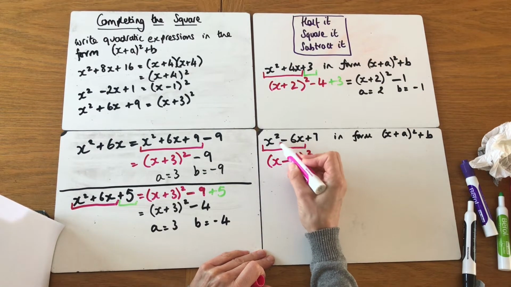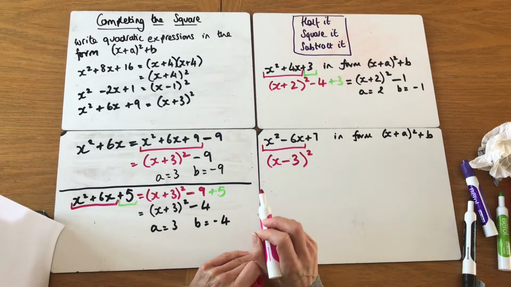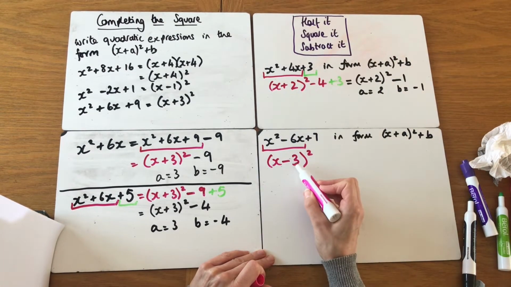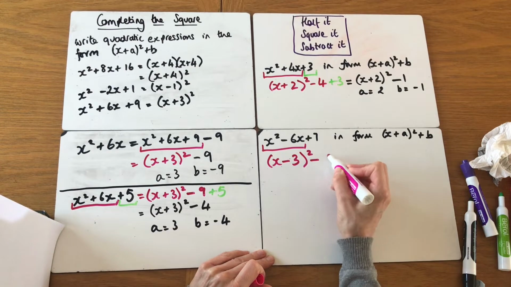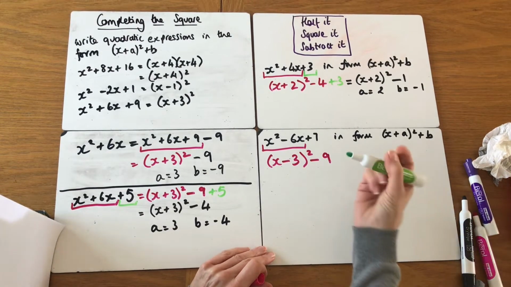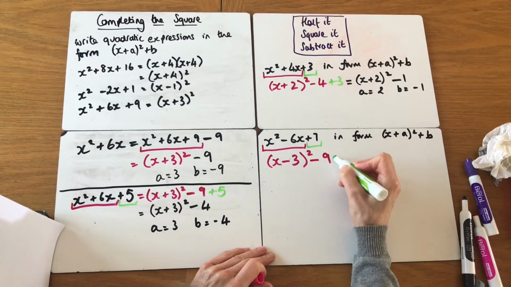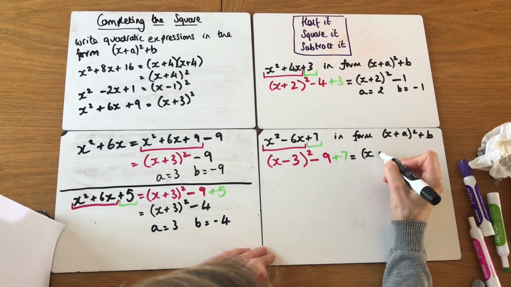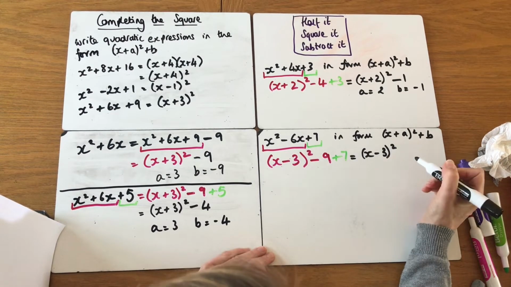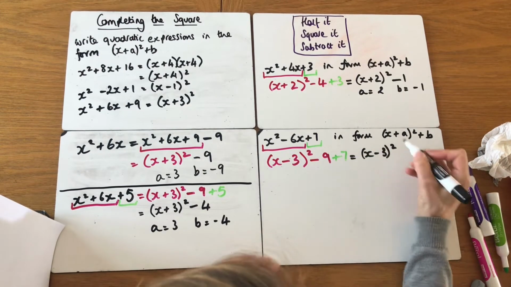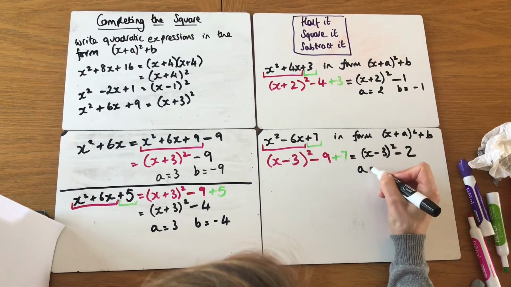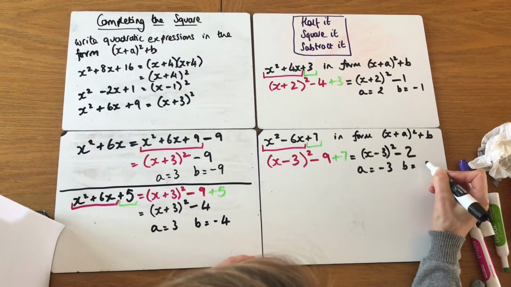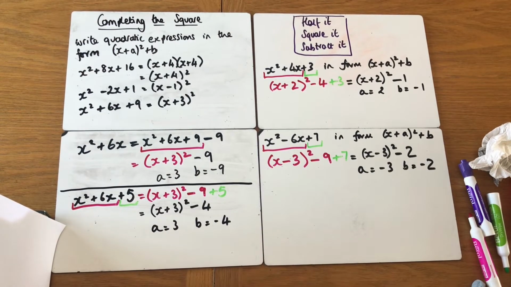I need to pay attention to this minus sign and include it here. Square it. 3 squared is 9. So I subtract the 9. And then I look at what I had on the end, plus 7. And I add it here. And then I simplify. X minus 3 all squared minus 9 plus 7 is minus 2. So a equals minus 3 and b equals minus 2.